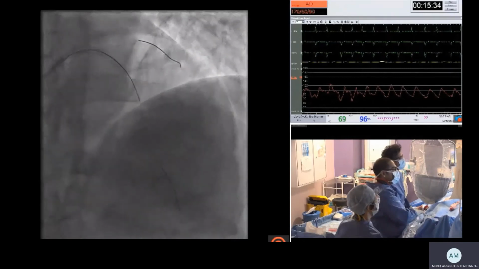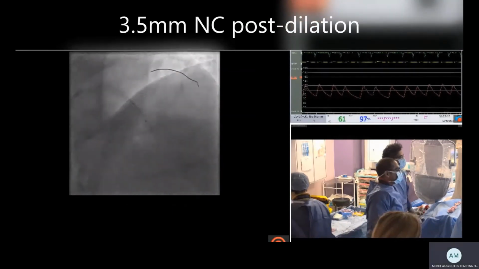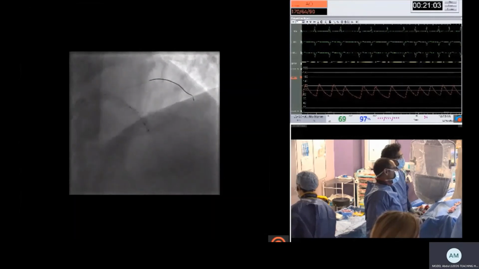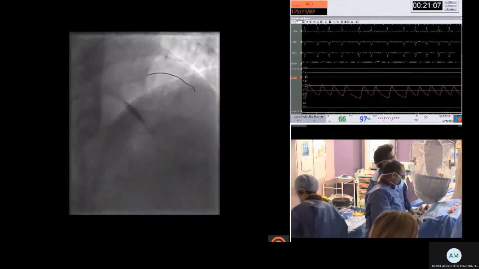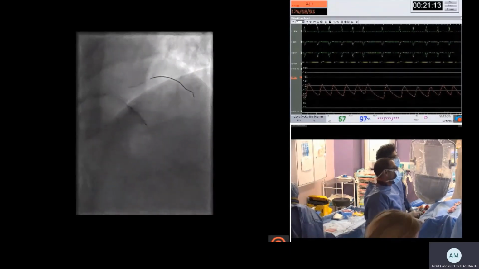So here is the IVUS catheter, and IVUS imaging showed slightly underexpanded stent in the mid and proximal LAD, which is further optimized initially with a 3.5mm NC balloon here.